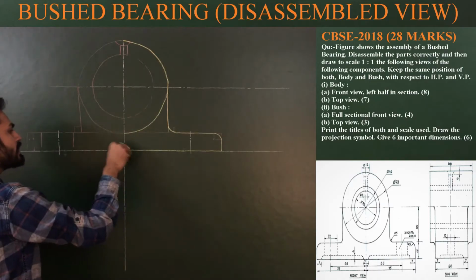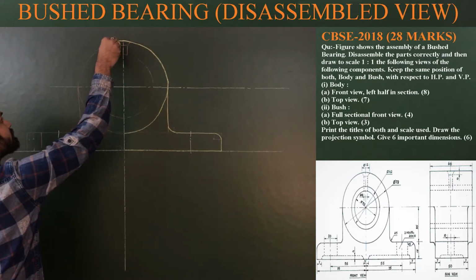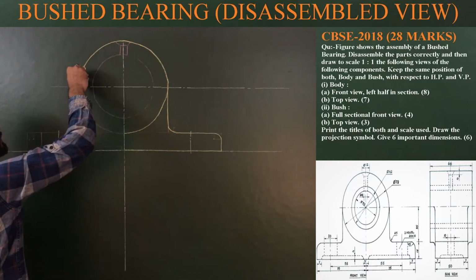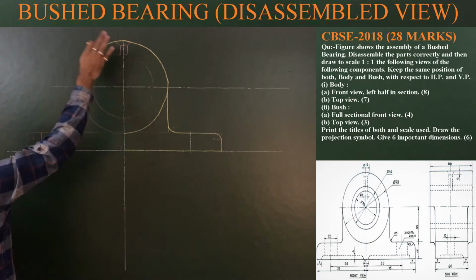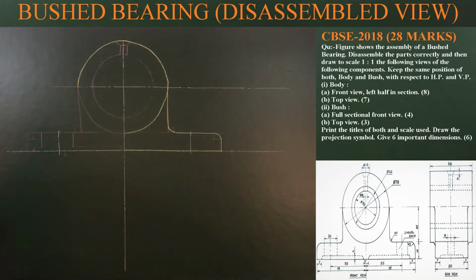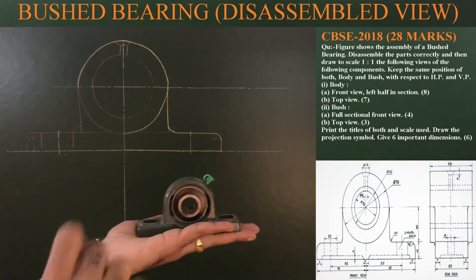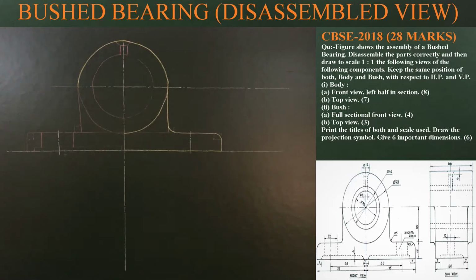This is also a dark visible line, and for the left side the upper quadrant is visible, and this cylindrical part is actually removed from the section, removed from the body after sectioning.